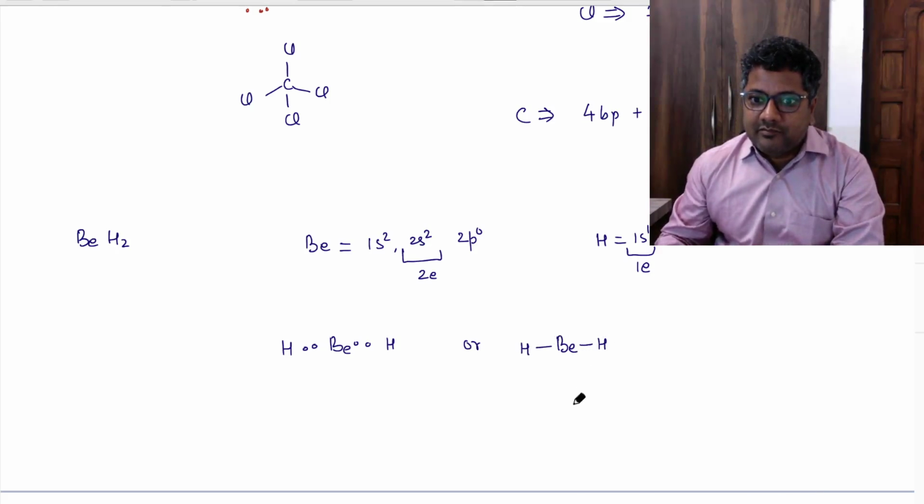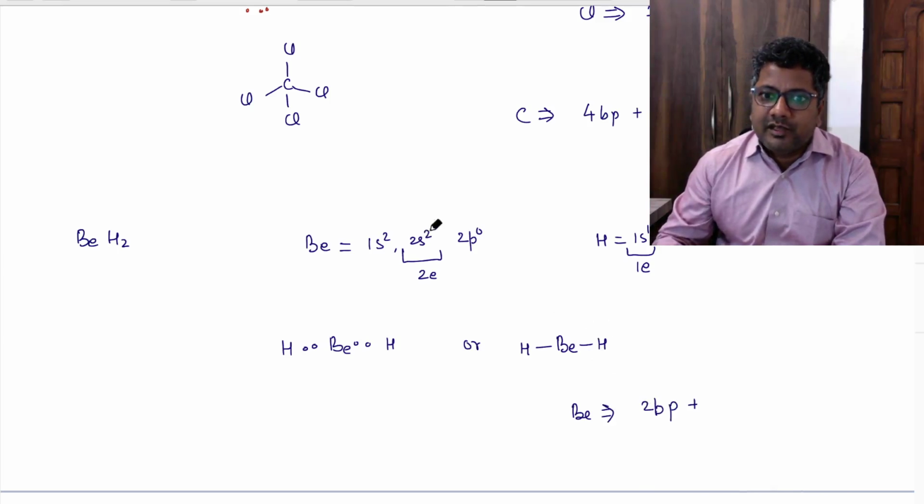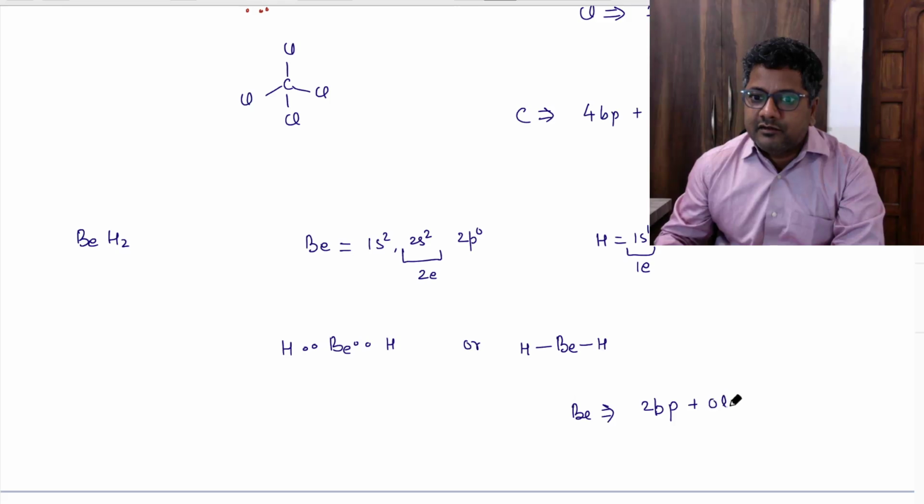Now see, how many electrons in the valence shell of beryllium? How many bond pairs? 2 bond pairs. How many lone pairs? No lone pair, because only 2 electrons are there in the valence shell. 0 lone pair. So 2 bond pairs is equal to 4 electrons.